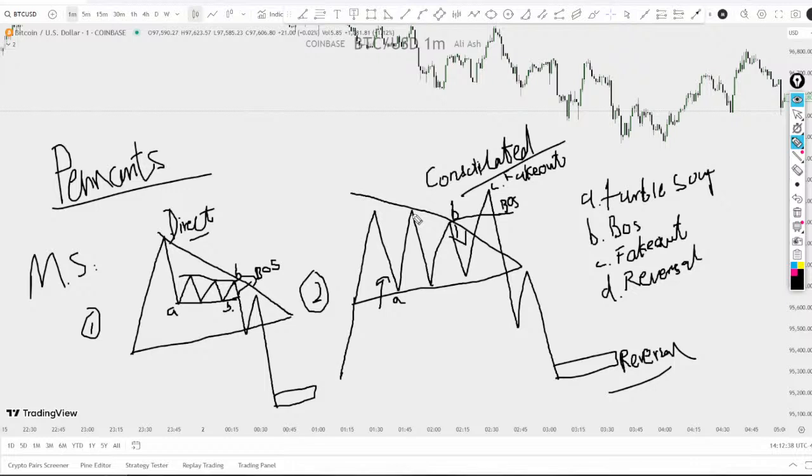Okay, and how to measure the SR interchange for this? We'll use this one, and we'll be using here. For the fake out, we'll be using this one, this fake BOS structure. This will be our retest. So this is the fake out, this is the retest here.